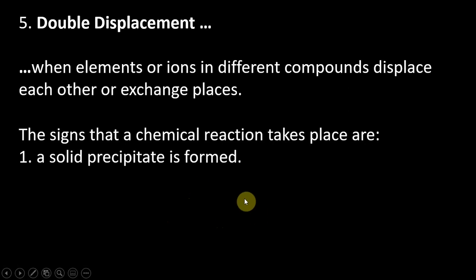The first one is that if you see a solid precipitate forming where everything was in solution before, that's a pretty good sign that a reaction took place. Secondly, if water is one of the products.